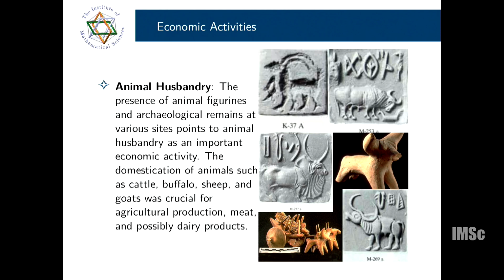Possibly they were using these animals as part of animal husbandry. So yes, possibly these were part of the economic activities. Whether they produced for agricultural purposes, meat, or possibly dairy products, we can think in different ways.